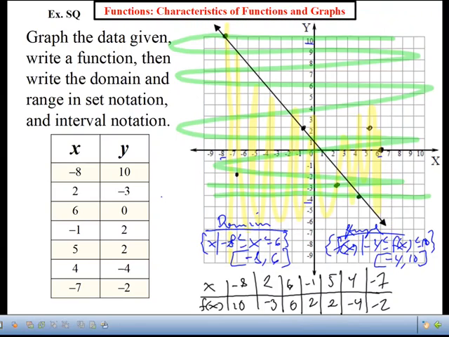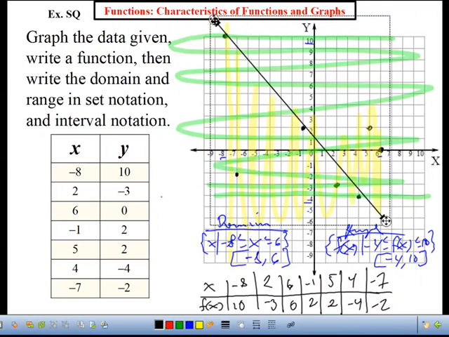Did anybody do something similar to mine? Hands if you did something similar to mine. Yeah, because if you go from left to right, we start up here, then the next point is this one, then that one, that one. And if you notice, the trend is going downward from left to right.